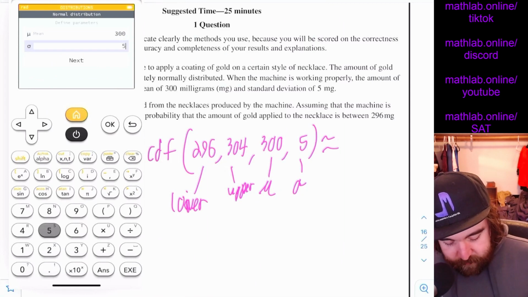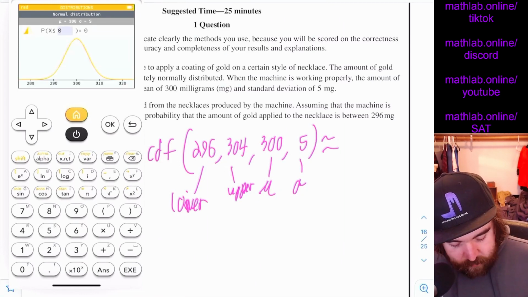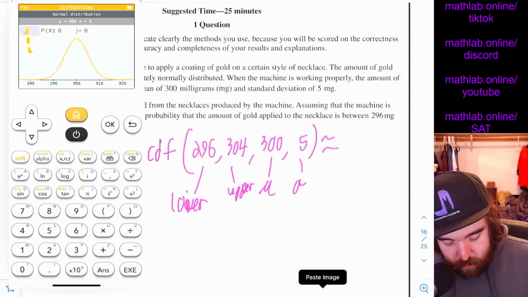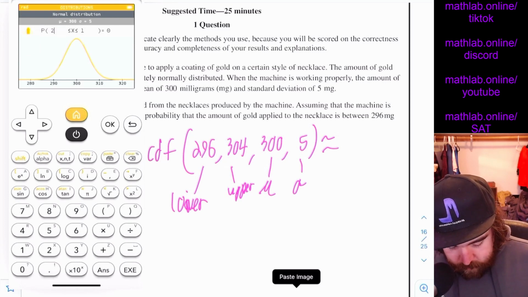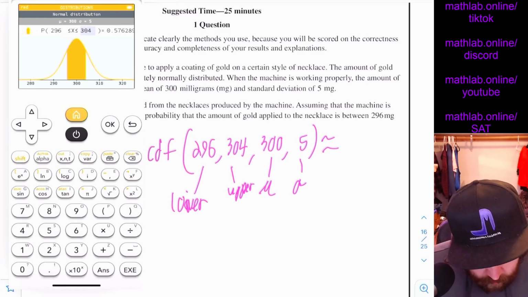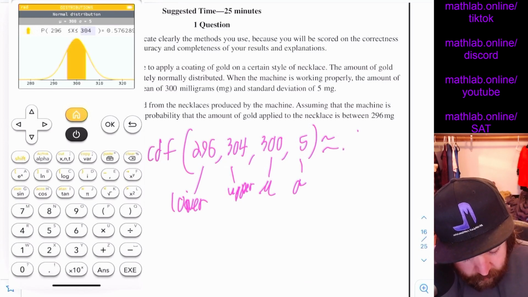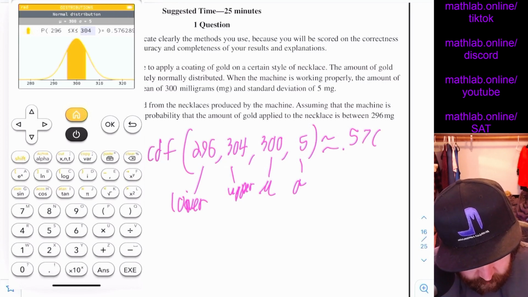Standard deviation of 5. Looking between 296 and 304. Boom. Quite far off from 69, actually. 0.576.